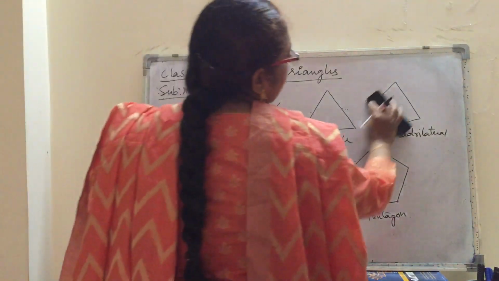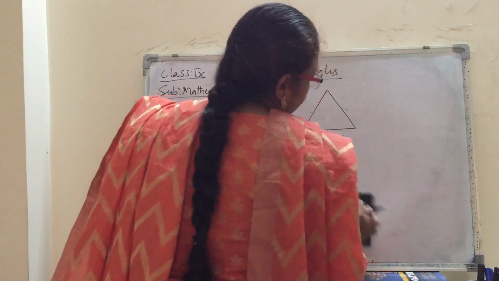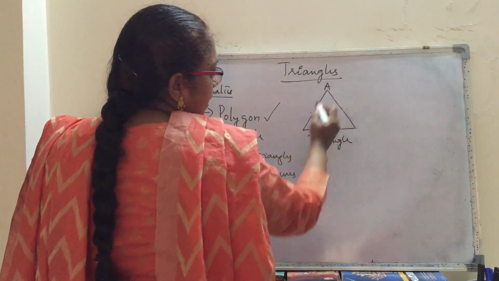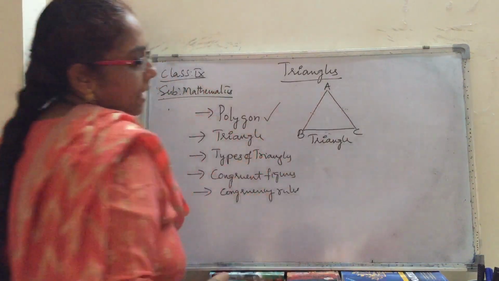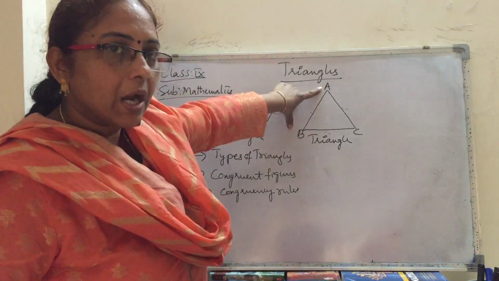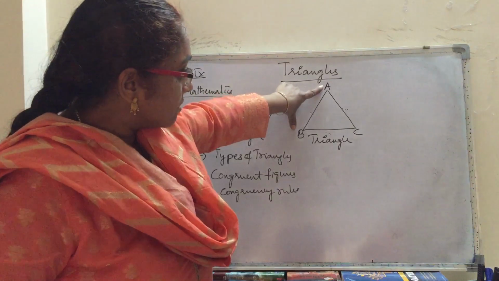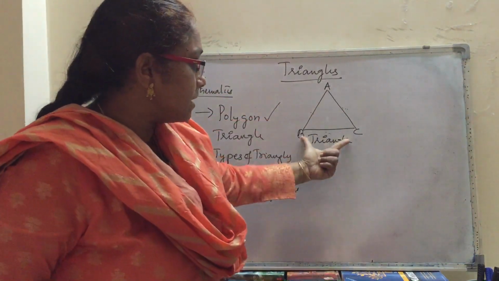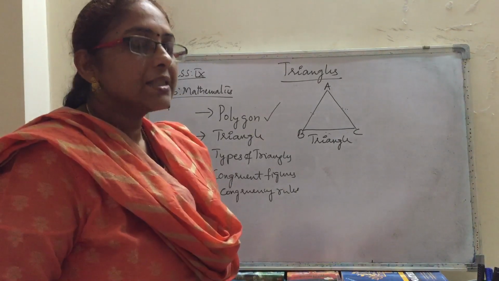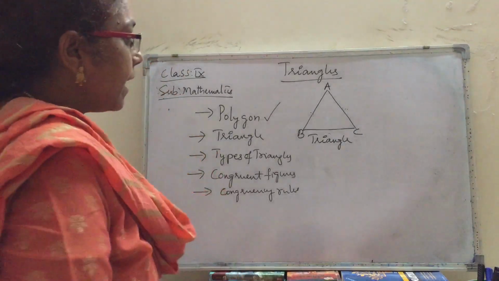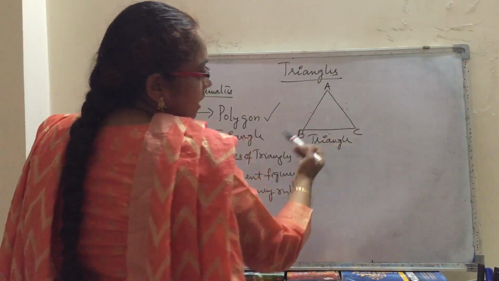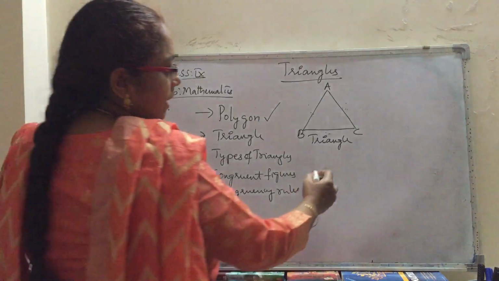Okay. Now see, here in this triangle we give the name of the triangle: ABC. Here this is one side, AB. How many line segments are there here? AB is one line segment, AC is another, and BC is also a line segment. Line segments we call the sides of the polygon. AB, AC, BC are all the sides of the triangle.